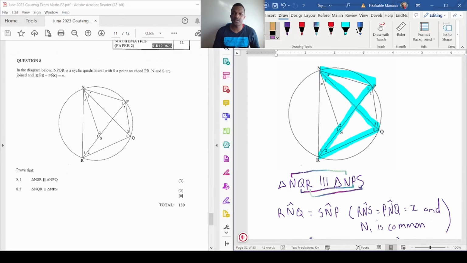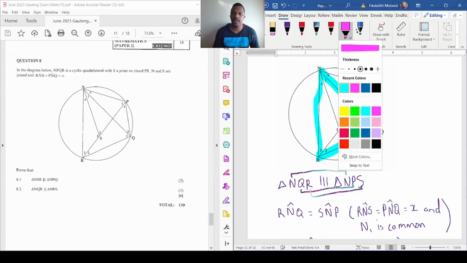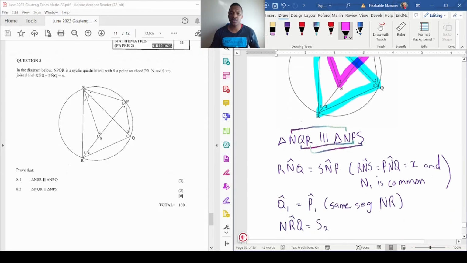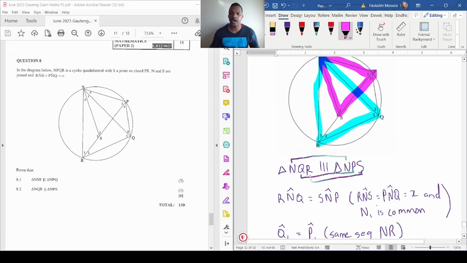If you're struggling to see where I'm taking it from, remember the triangles, it's NQR, and the other one is NPS. So these are the two triangles. Now I'm proving this S2 equals that whole R.